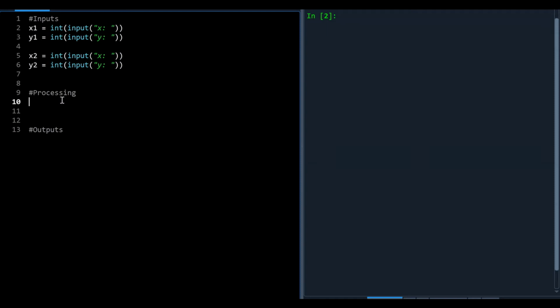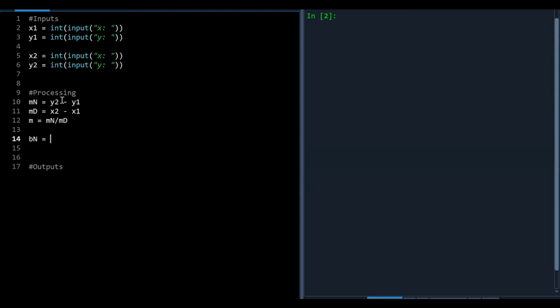The processing, okay, we're going to calculate the slope value. So my mn is going to be y2 minus y1. My md is going to be x2 minus x1. And then my slope would be mn divided by md. Now let's do the y-intercept.